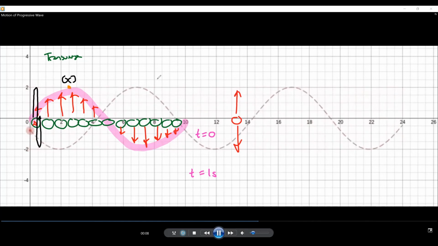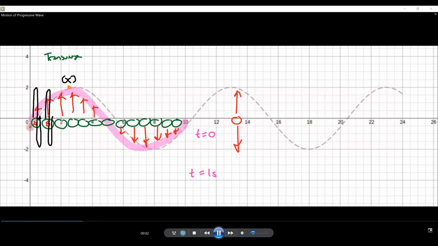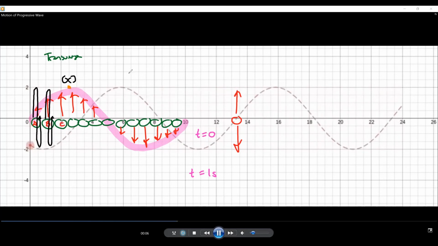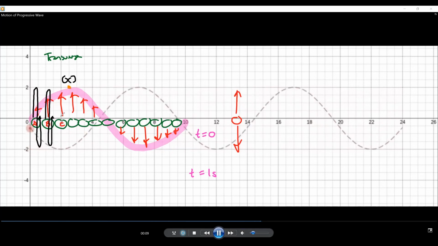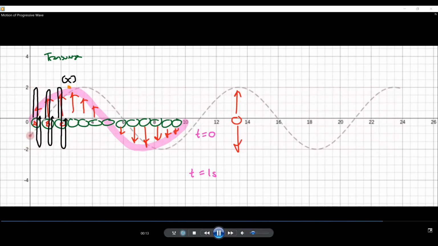And then if I talk about particle B, you're seeing the same thing. It will just go up, down, and then up. They're oscillating, right? So particle C also, same thing, it will just go up, down, and then up. Okay, they're all oscillating.